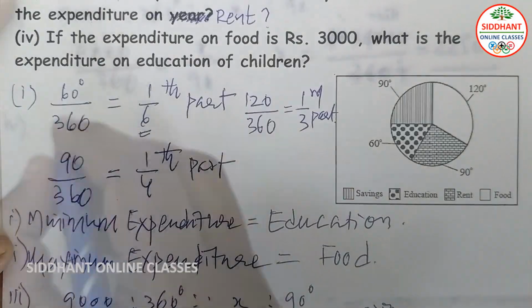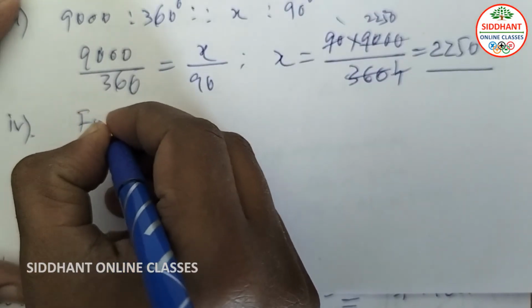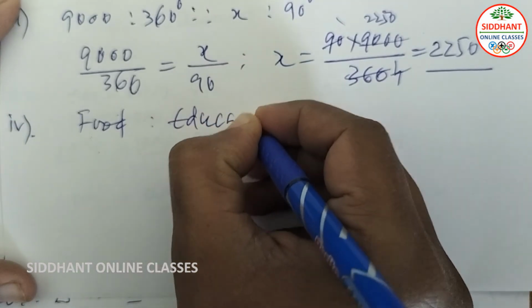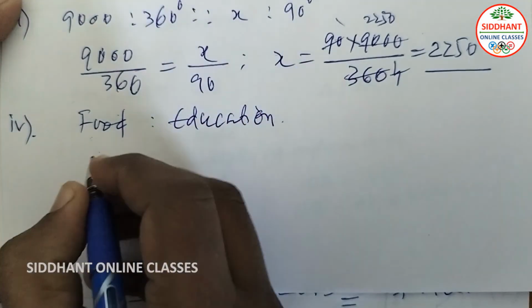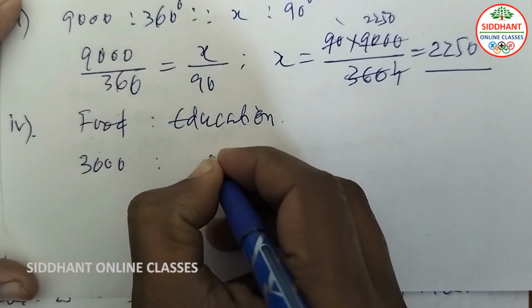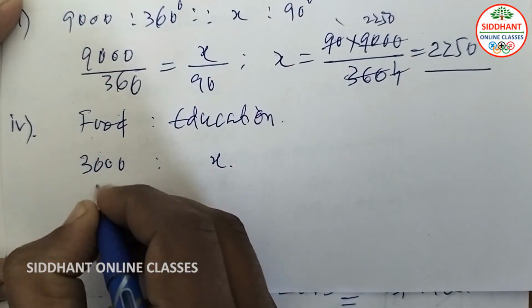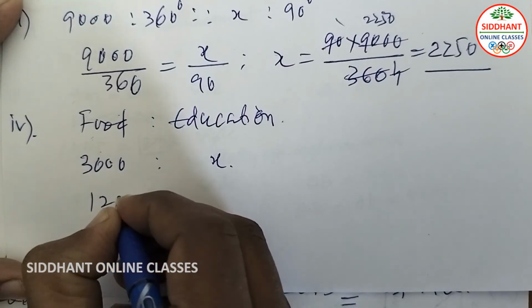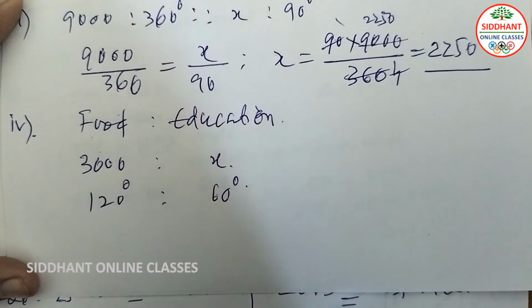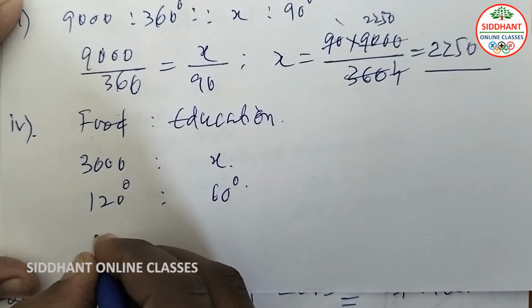So here food versus education. Food is 3,000, and the amount for education suppose x. Food how many degrees? 120 degrees, and education how many degrees? 60 degrees.